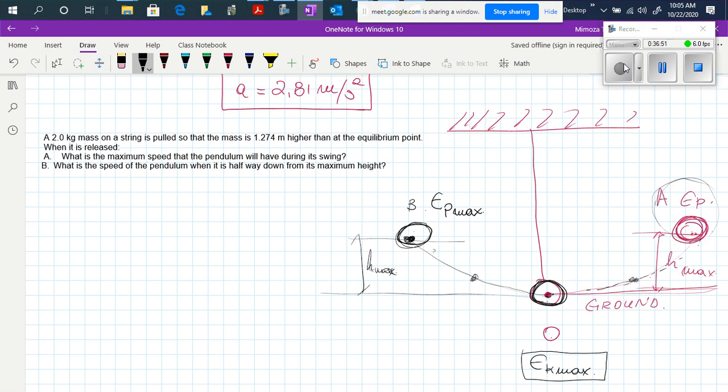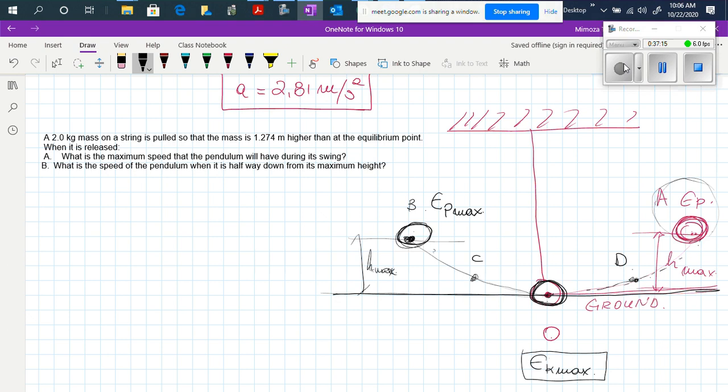Since we have a height from what we consider ground level, in which we assume that the gravitational potential energy is equal to 0, then at any point, point C, point D, we will have both.